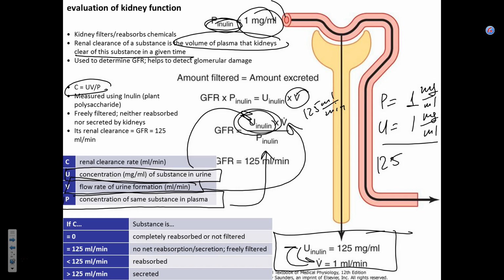Now, how does renal clearance relate to the behavior of the substance in the kidneys? As we mentioned, if renal clearance is 125, the substance is freely filtered.